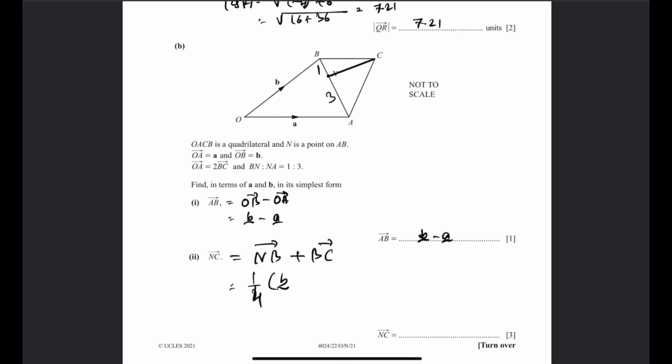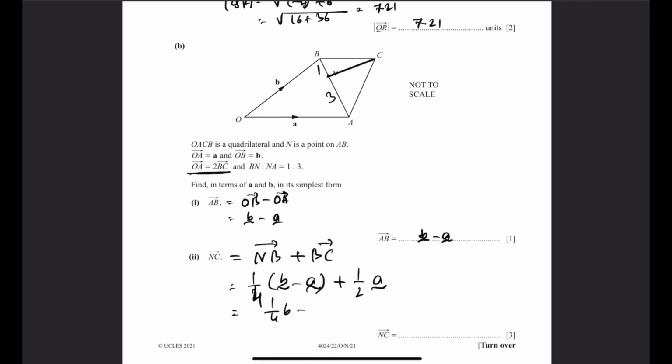I mean b minus a. Okay. And since OA equals 2 times BC, so BC equals to, we can write plus half of OA, means a. Now we can simplify this.